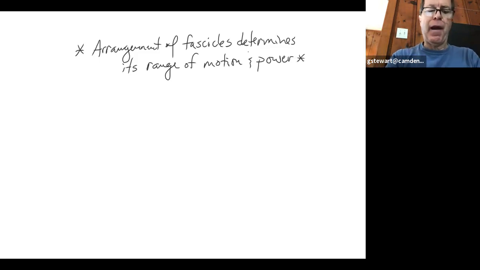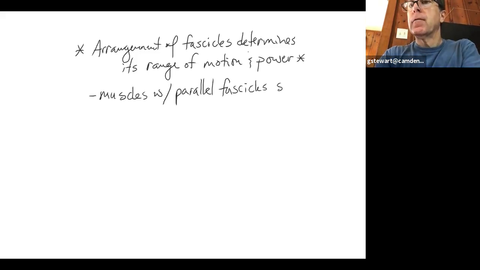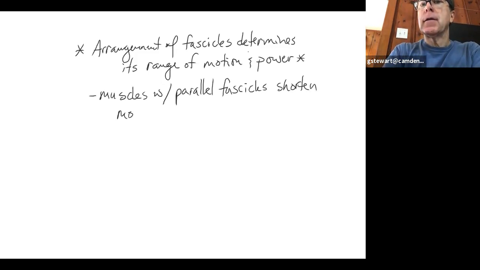So muscles with parallel fascicles shorten the most. Actually they contract the most, up to 70% of their length they can contract.